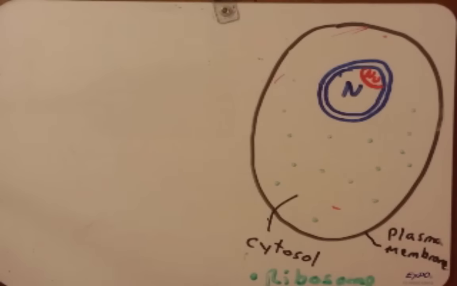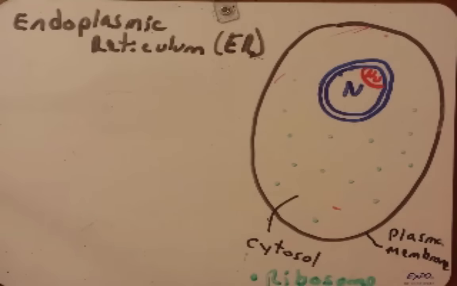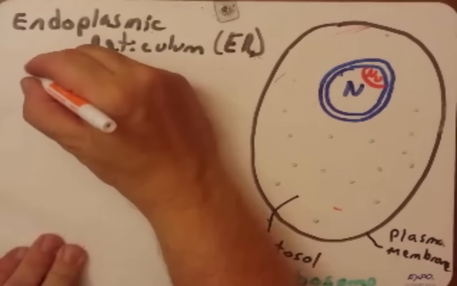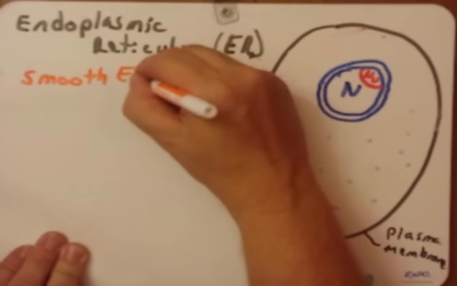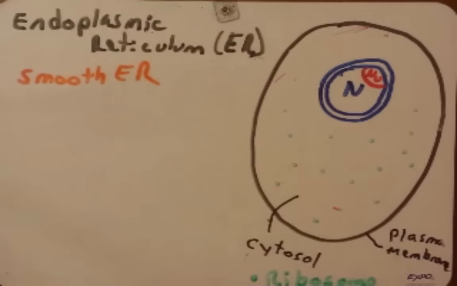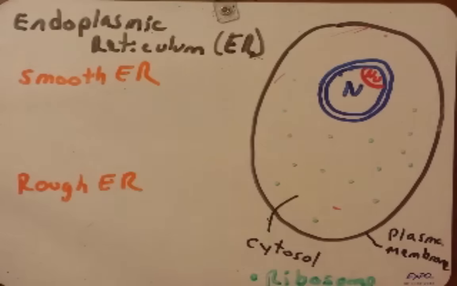So I want to talk about the endoplasmic reticulum next. Often we will just call this the ER. We have two kinds of ER. It could be the smooth ER or the rough ER. Let's talk about the smooth ER first. It has several functions.